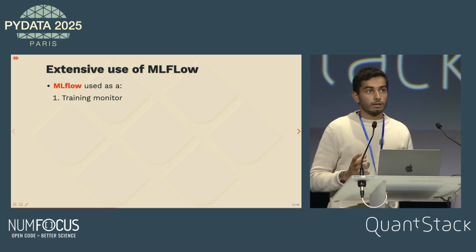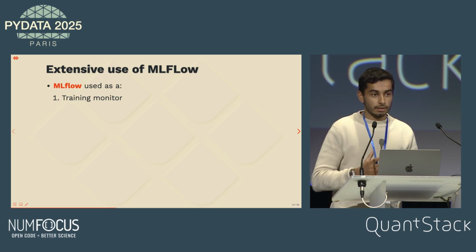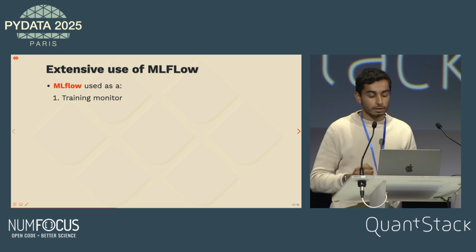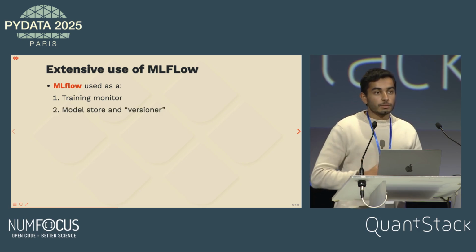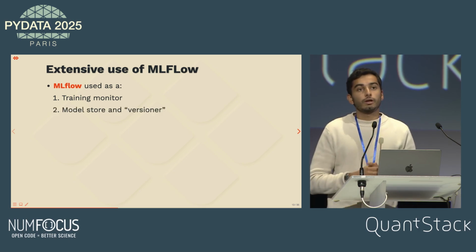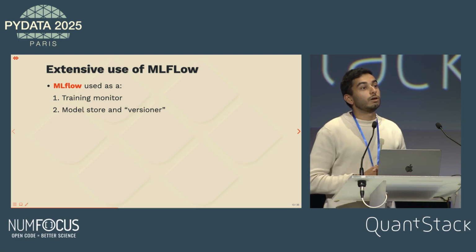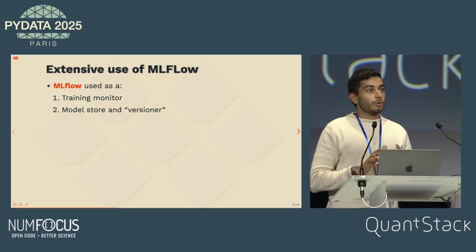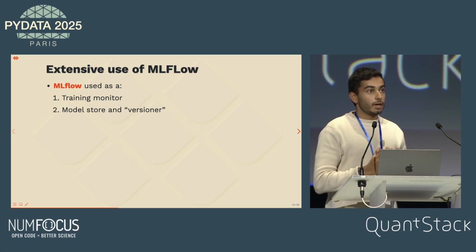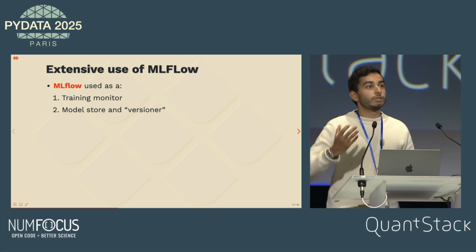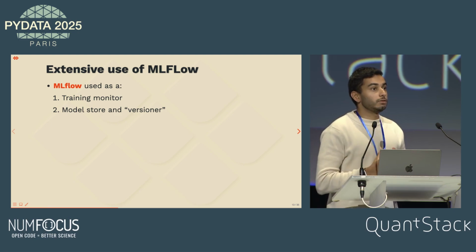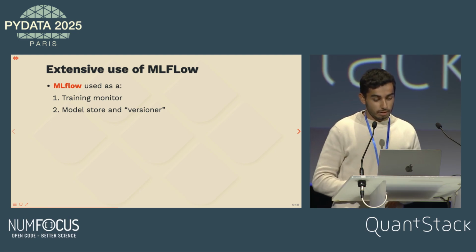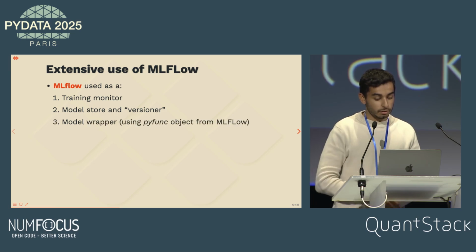All the basic metrics are tracked during training thanks to MLflow. It's used as a model store and versioner. For those who know MLflow, it's very easy to first look at all the models that you have, to compare between them, and also to promote a model if you have decided to continue with that. So MLflow is used as a model store and versioner.